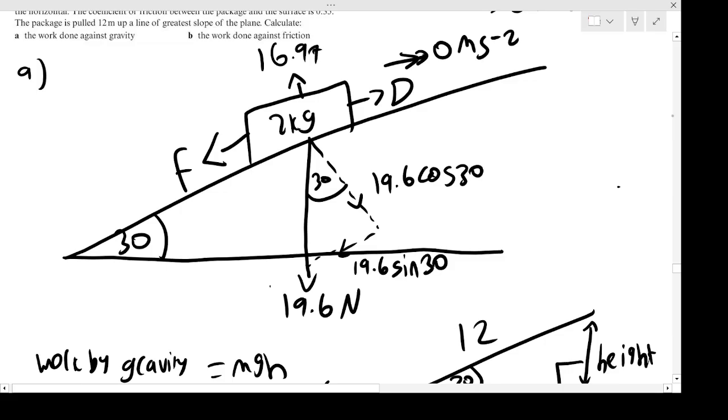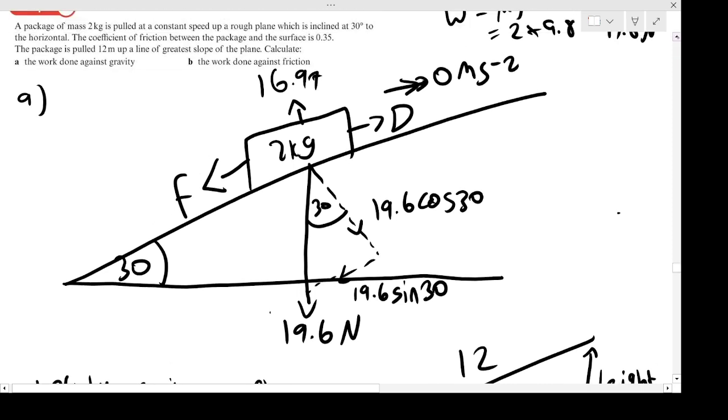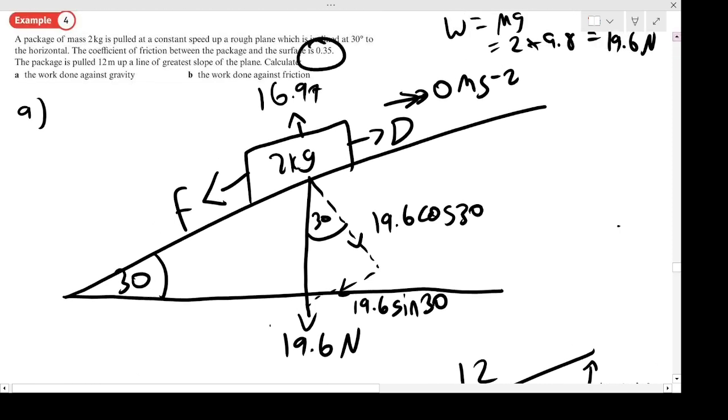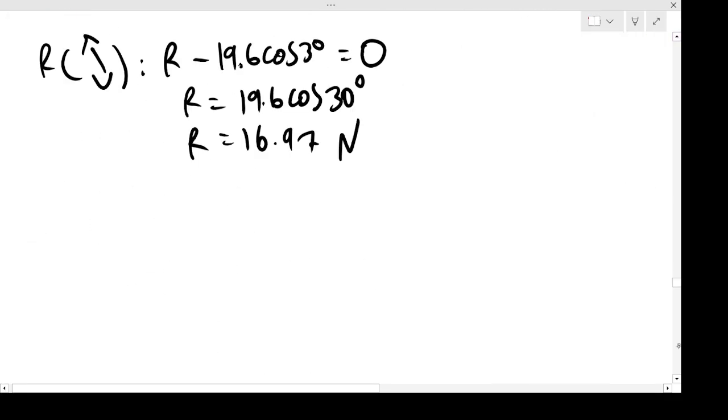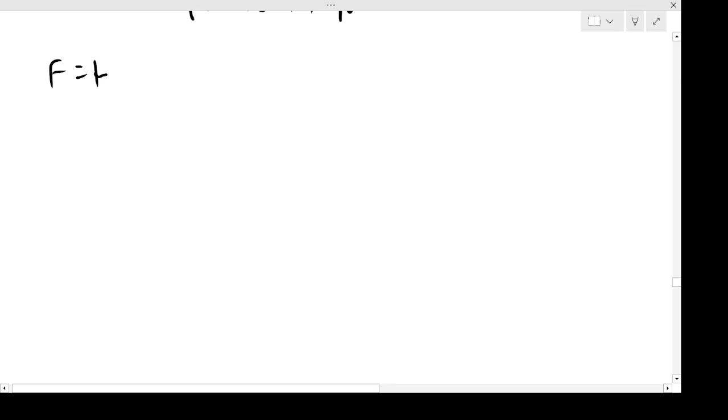Okay, but then I can work out the friction force, because I also know that the coefficient of friction is 0.35. This is mu, right? I know that F equals mu R. Friction is mu times reaction.